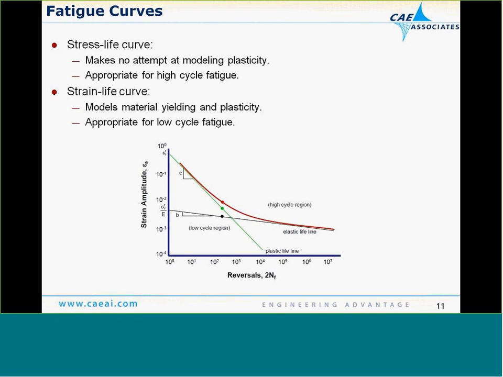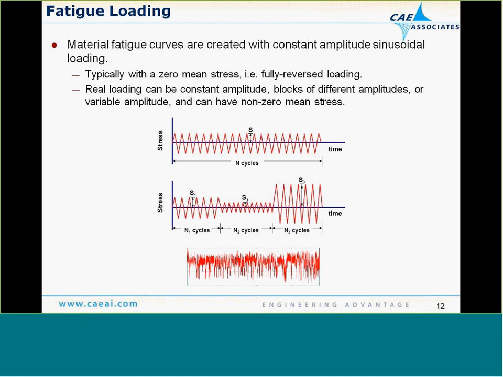Strain life essentially combines both the strain life and stress life data, so it typically can handle the entire range. Stress life will really just be considering the high cycle region. nCode can handle both stress and strain life data.